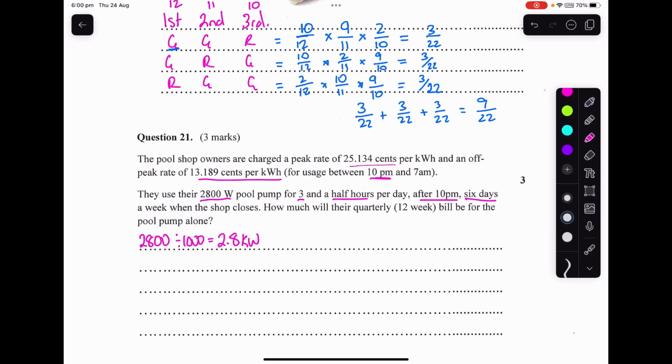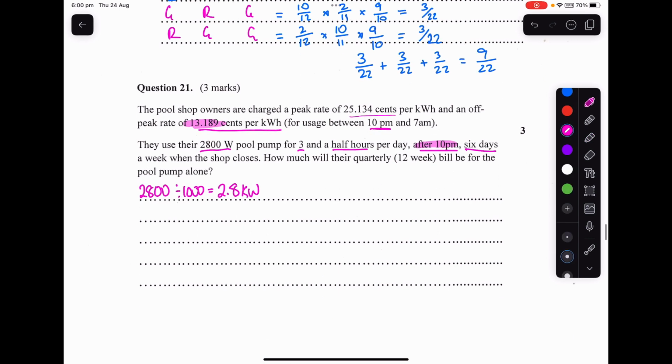Wow, okay, lots of bits in this one. First of all, we know we're after 10 p.m., so we're using the off-peak rate. So our cost is 13.189 cents. Then let's find the next part. We're doing our 2,800 watts, which we now know is 2.8 kilowatts.